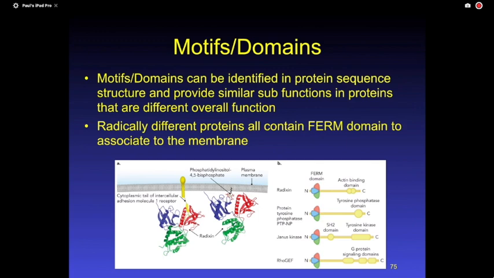What we do quite often is we start to look at the sequences of the proteins. And just looking at the primary sequences, we can identify these domains. And so we can see all of these proteins that have lots of different names and actually lots of different processes, but they have one commonality. They're all bound to the membrane.